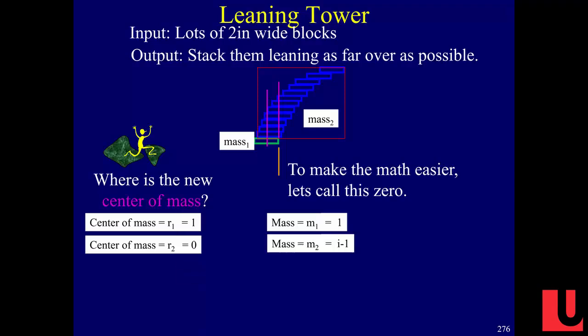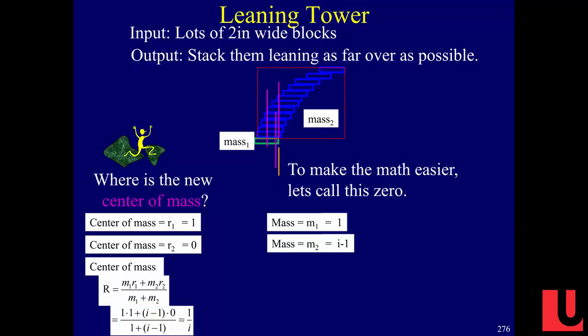And so then we calculate out the center of mass, and it turns out that the center of mass comes out to be exactly 1 over I. So here's our old center of mass, here's our new center of mass, and it's shifted by 1 over I distance. Everybody buy that?